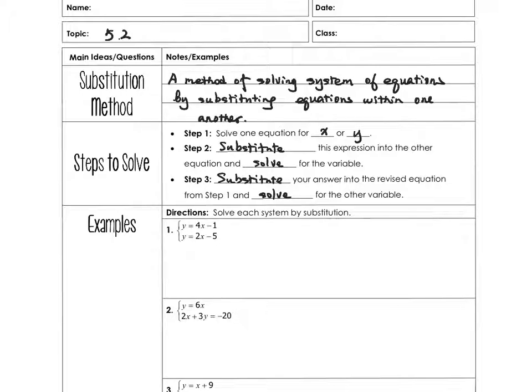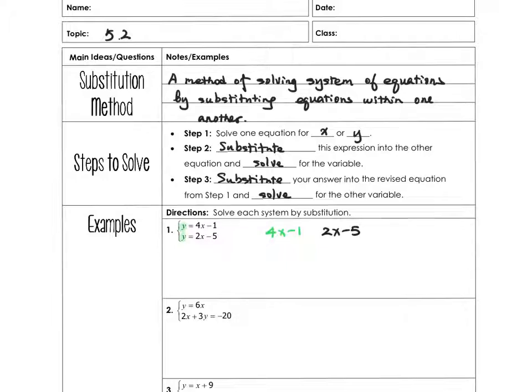So let's try it. Right here, I have a system of equation. Both are written into y equals mx plus b, slope-intercept form, right? So the good thing about it is that if it's telling me y equals 4x minus 1, it also tells me y equals 2x minus 5.